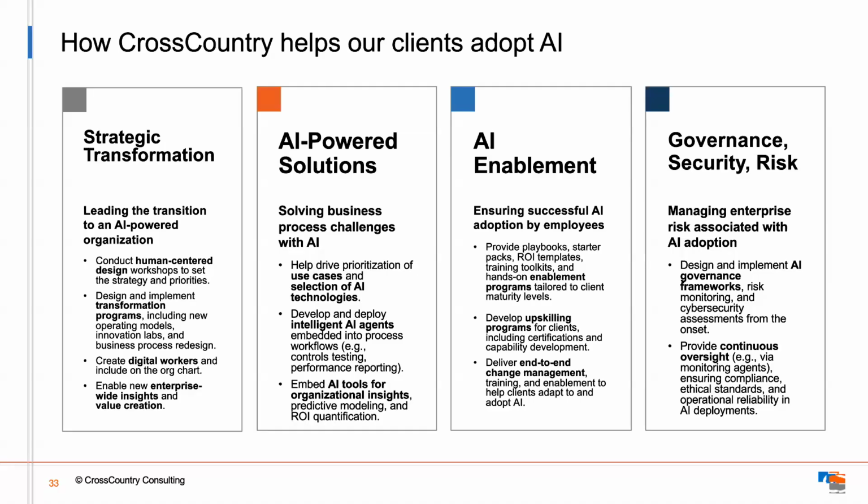I'm sure there are folks on this call for whom month-end accruals can be a little challenging, because there are accruals when receipts or invoices don't exist yet. Auto accrual AI brings AI into the heart of the month-end close process. It predicts accruals before invoices exist, and CrossCountry has designed and implemented full workflows for clients using this tool, turning accruals from a manual fire drill into a predictive, controlled process embedded directly into Coupa.